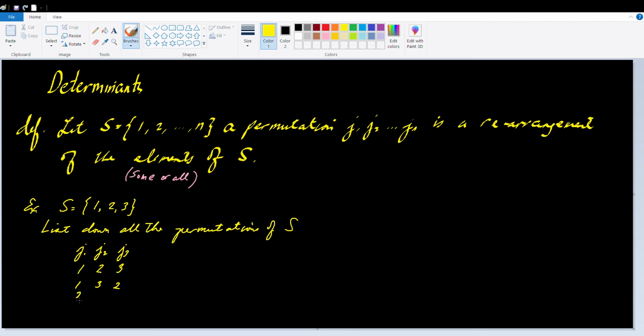Another is 2, 1, 3, 2, 3, 1, 3, 1, 2, and 3, 2, 1. So all in all, S has 6 distinct permutations.